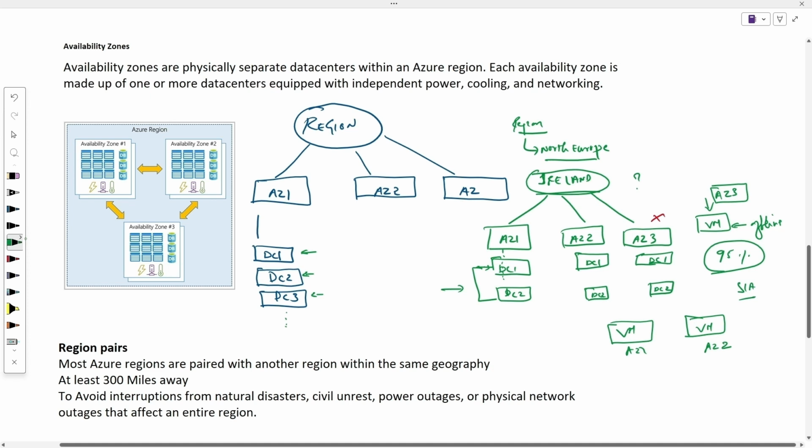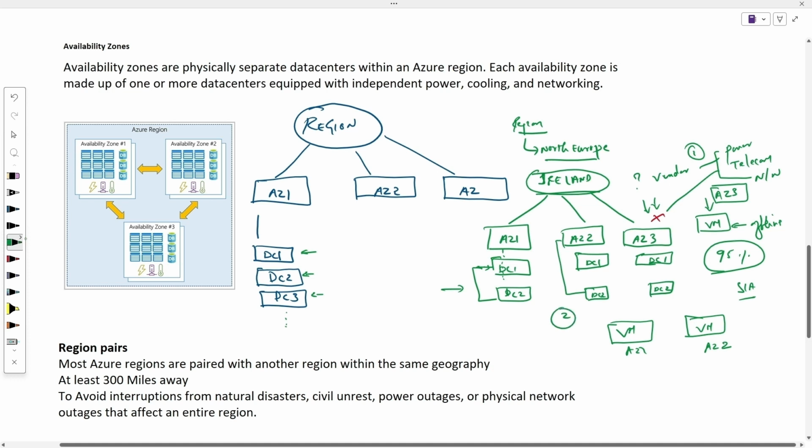And there could be another reason, because each availability zone will have a vendor who is providing the power, telecom, and networking connections. If availability zone 3 is provided by vendor 1, there could be vendor 2 who is providing the power, telecom and networking supply for availability zone 2.